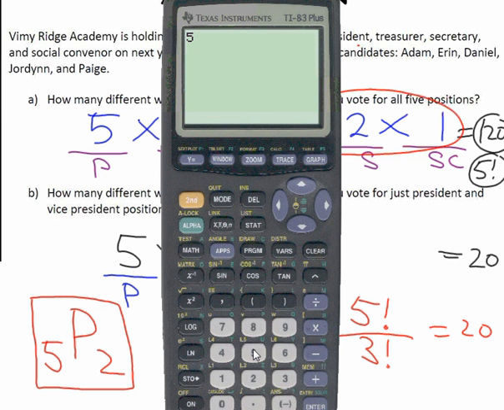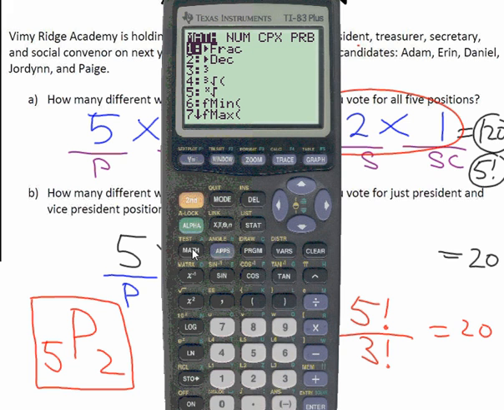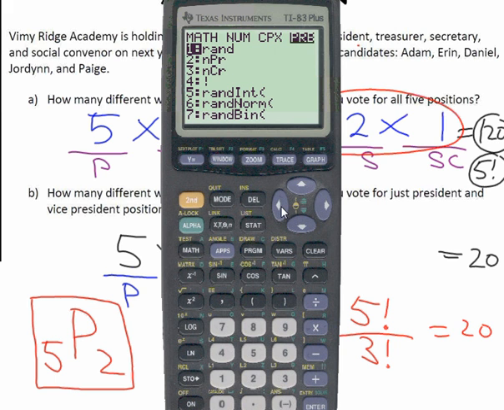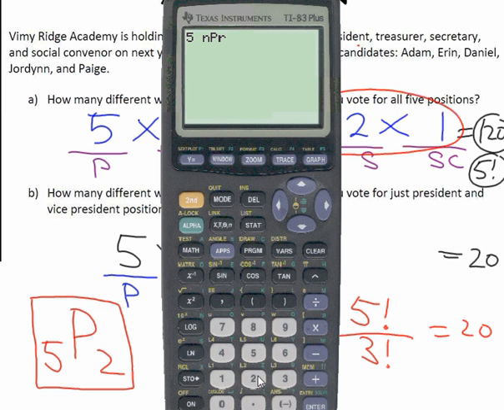Everybody press 5. Let's do this together. 5. Press math. Go over to PRB. What do you see in the number 2 position? Yes. So we've said 5, we've said P, we've got to say 2 now. 5, P, 2, and you'll never guess what answer the calculator gives me.